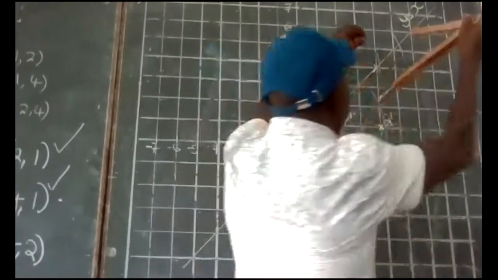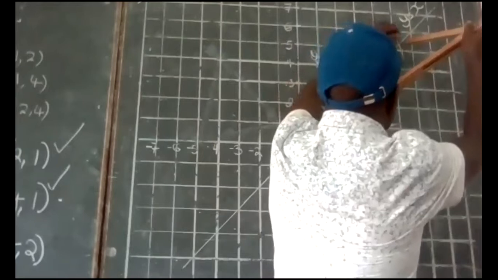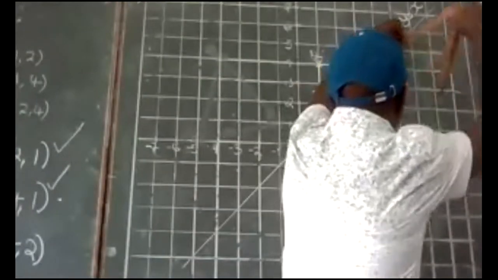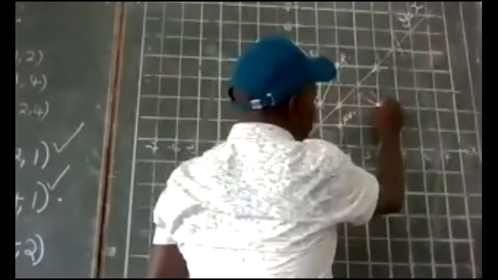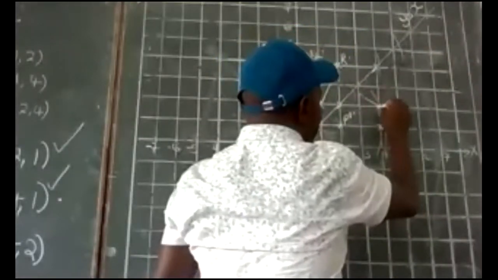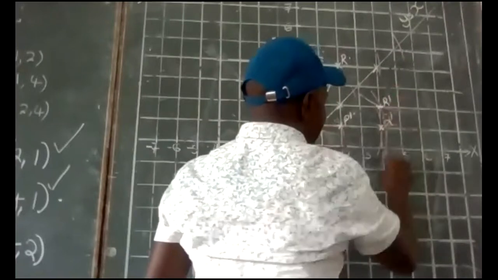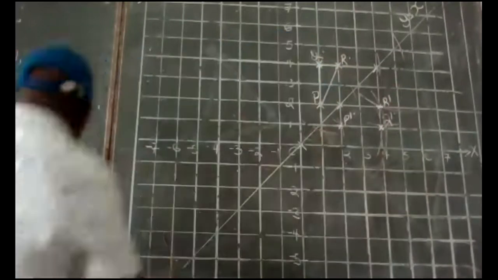Then come here and cut. The two are meeting here. This is the R complement, and it is 4, 2. That's very good.